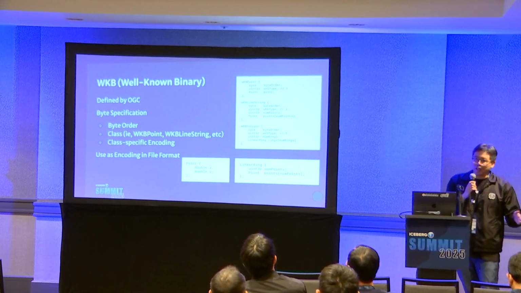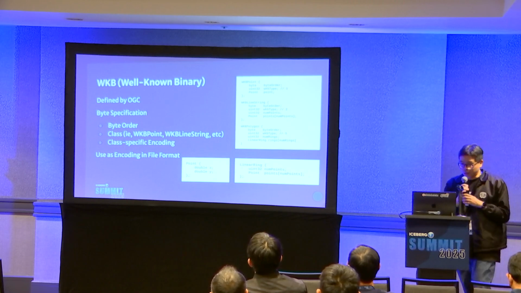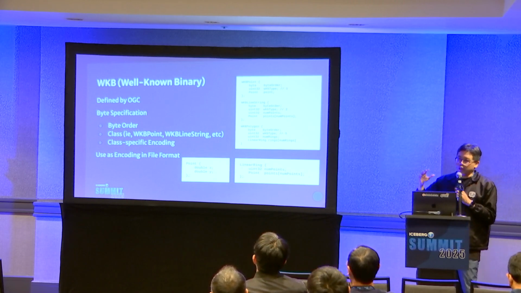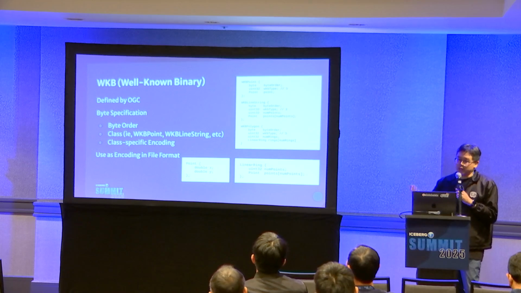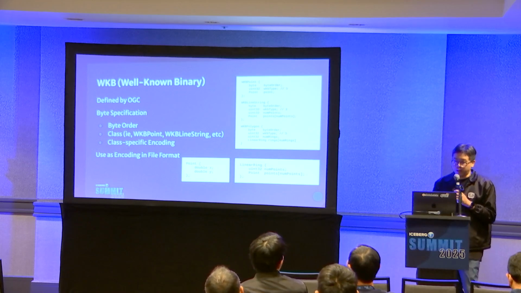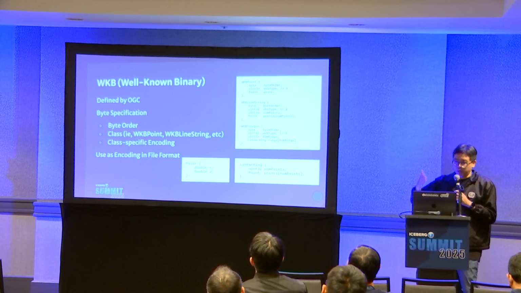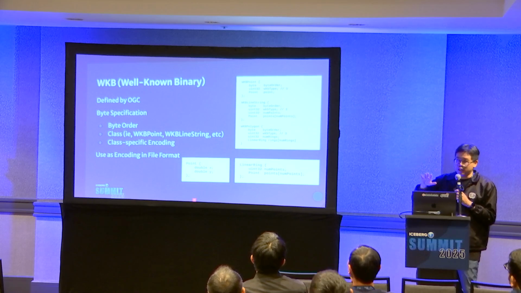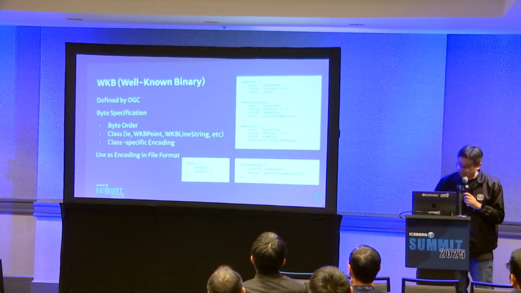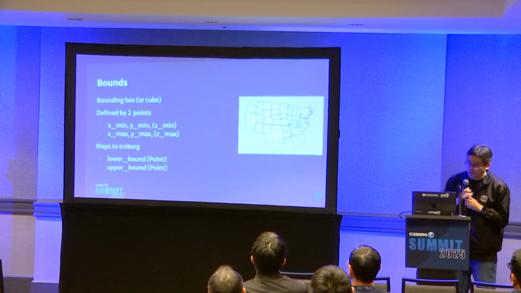There's also WKT, which is for text, which I think Jia will use later in the demo. But for us, when we encode the file format, we'll use binary. So we just take their specification and encode to binary. Their specification is pretty simple: the first bit is byte order, then some bits representing one of those classes I showed earlier, and then a class-specific encoding. So, halfway done.